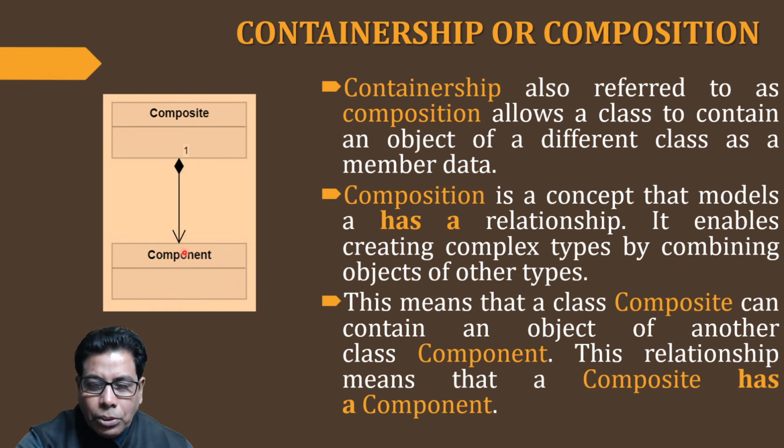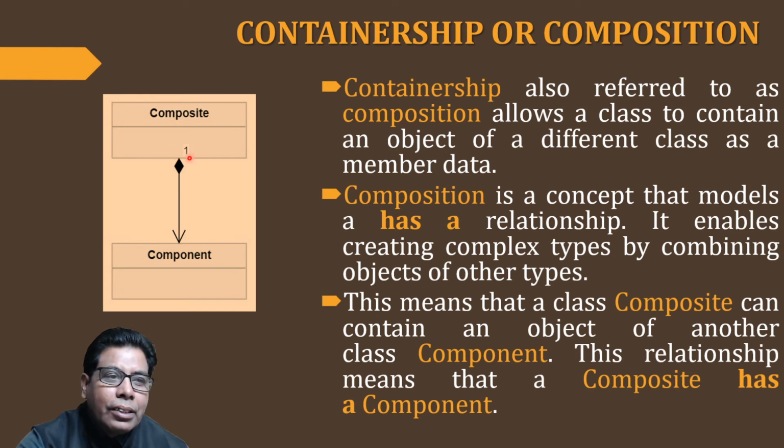So the composite side can express the cardinality of the relationship. The cardinality indicates the number of valid range of the component instances the composite class will contain. So here the number is given as 1.